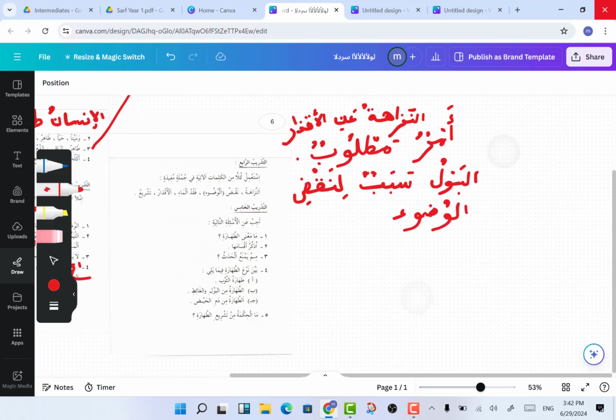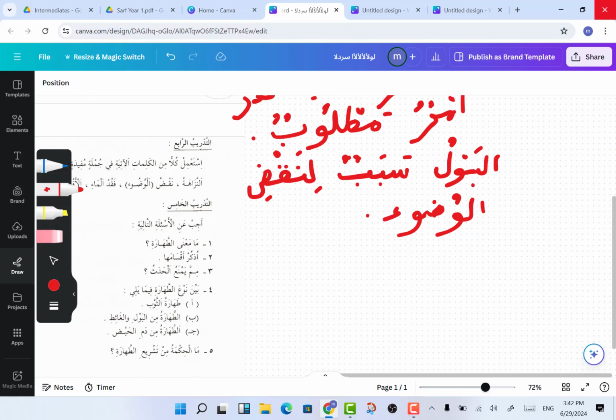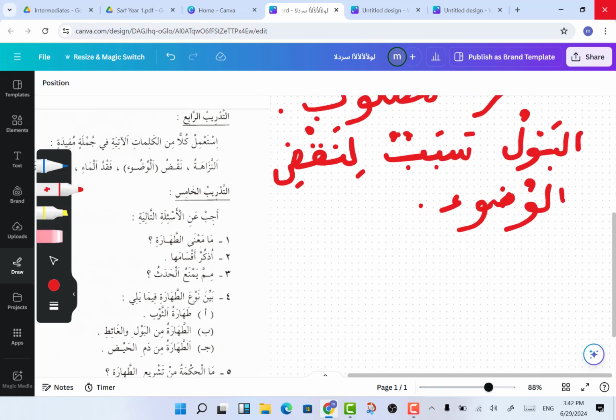Our ablution invalid. Sababun linaqdi al-wudu'i. Now, that makes our ablution to what? To become null and void.